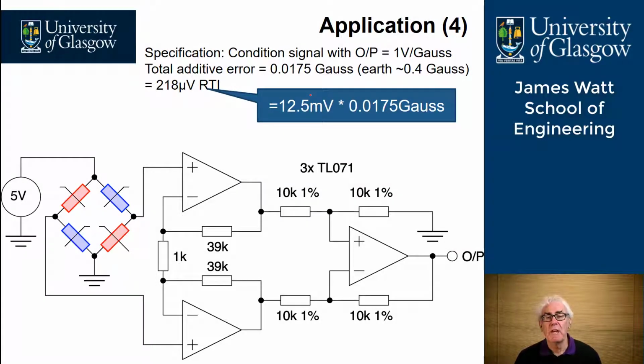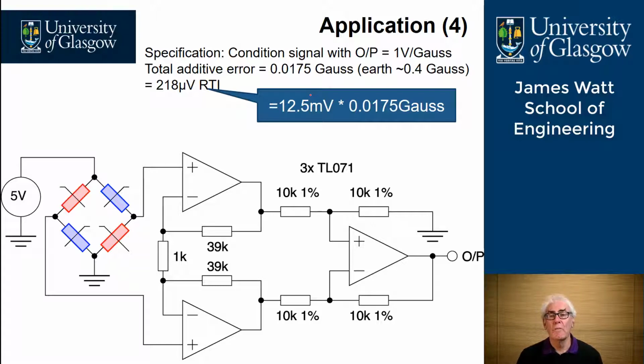Let's define the specification for this circuit then. So we want an output signal which is equal to 1 volt per Gauss. And we're going to assume a total additive error equal to 0.0175 Gauss. And just as a reference point, the magnetic flux around the Earth is around 0.4 Gauss.